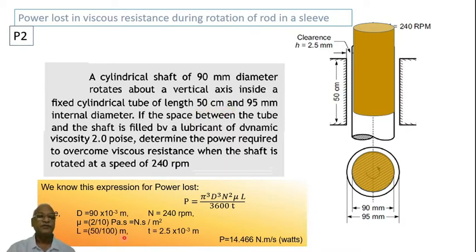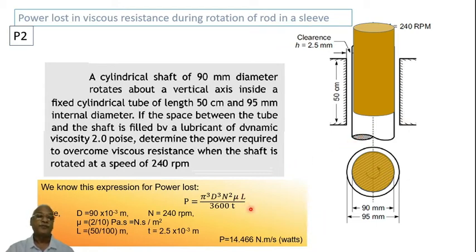Now the thickness of the oil film, the clearance between 95 and 90, becomes 2.5 mm. If I represent that as T, T will be equal to 2.5 into 10 raised to minus 3 meters.